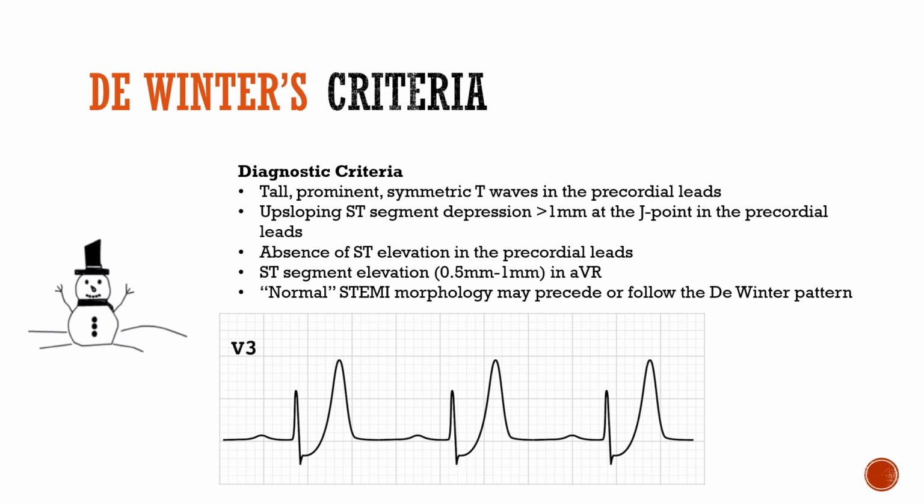So the key diagnostic criteria is tall, prominent, symmetric T waves in the precordial leads, upsloping ST segment depression greater than 1 millimeter at the J point in the precordial leads, absence of ST elevation in the precordial leads, ST segment elevation in aVR, and the normal STEMI morphology may precede or follow the de Winter's pattern.